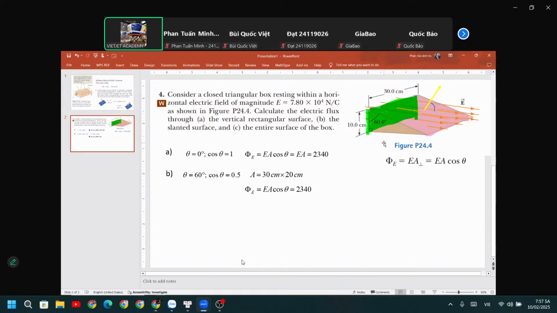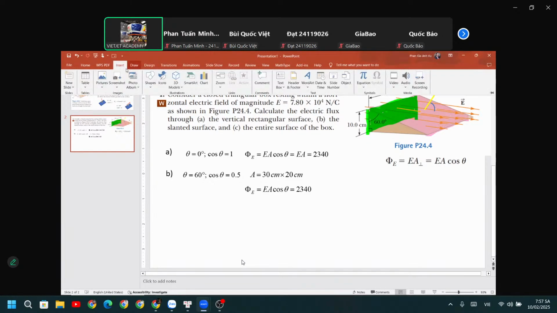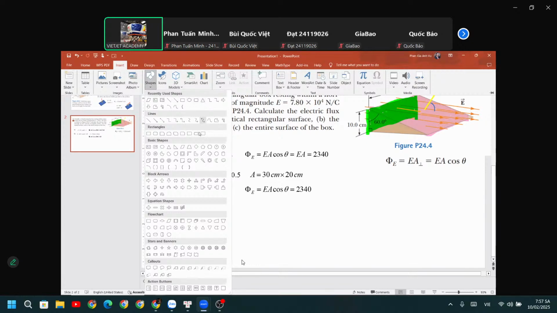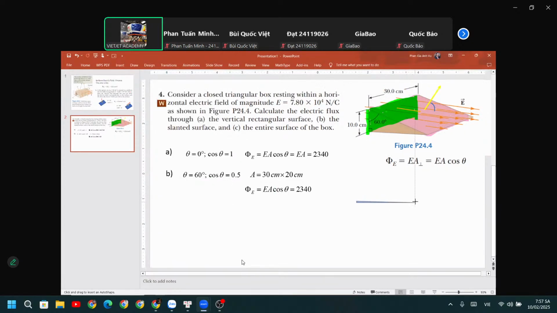So if you look at the box from the side, you can see the triangle here.